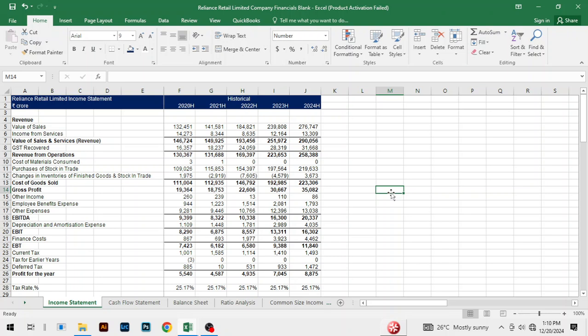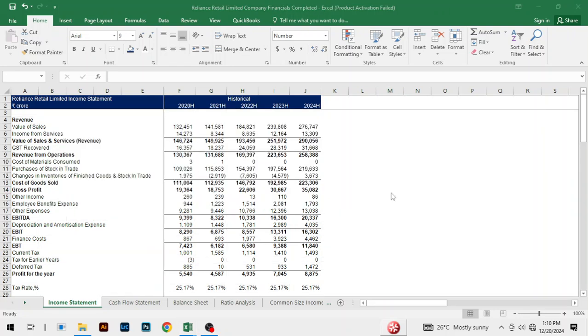I'll also show you how to come up with a common size income statement, a common size balance sheet, and how to calculate the free cash flow to the firm and the free cash flow to equity. So here's a completed template for Reliance Retail that I did.